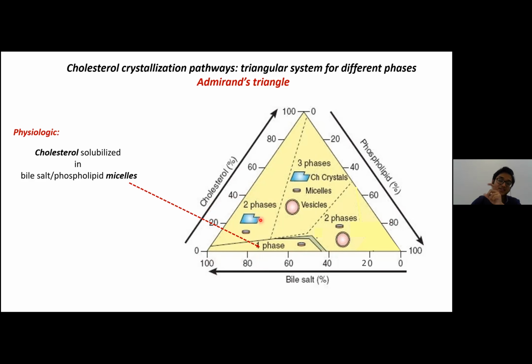However, there are some small vesicles of phospholipid, but cholesterol in those vesicles is saturated, which basically means it can precipitate. So cholesterol is slightly high here and it can precipitate. That's the main thing. Bile salt is high, so you have micelles. And that's what you need to know from this diagram. Phase 1, this part is normal. This part has no cholesterol gallstone formation because you have high phospholipids. When you're moving to the high left, you're getting cholesterol crystals or gallstones, okay?